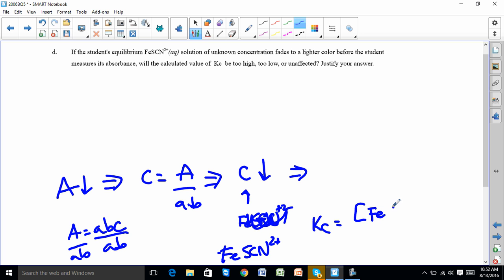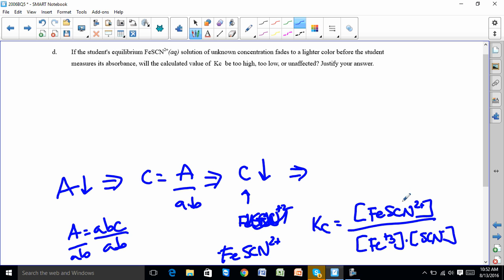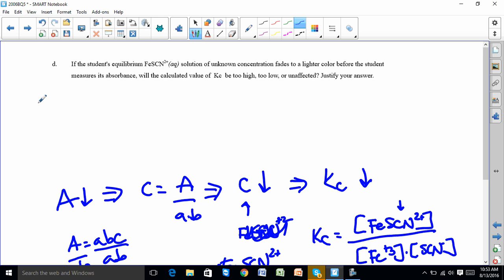So this is the formula for Kc. If you go up there and look, all right, so then if the concentration of this is too low, and that's in the numerator, then Kc is too low. Now that's my thought process.